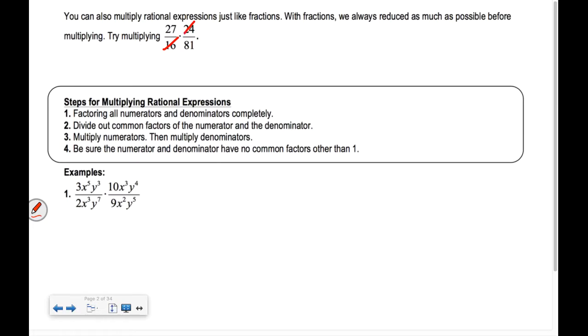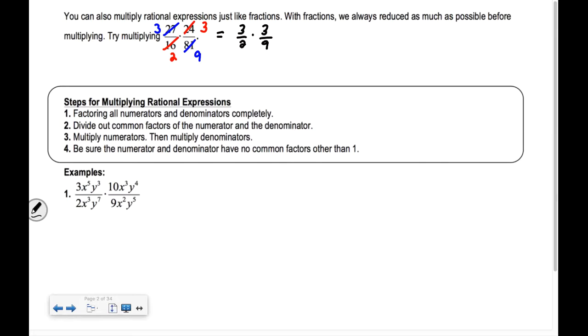How about the 16 and 24? Can those reduce out? Yeah, 4 can go into both, and 8 too, so we can make this 3 and 2. And then the 27 and 81, that might be a little bit harder. 3 goes into it definitely, so 9 goes into it, yeah, so I could have 9 and 3. So right now I have 3 over 2 times 3 over 9.